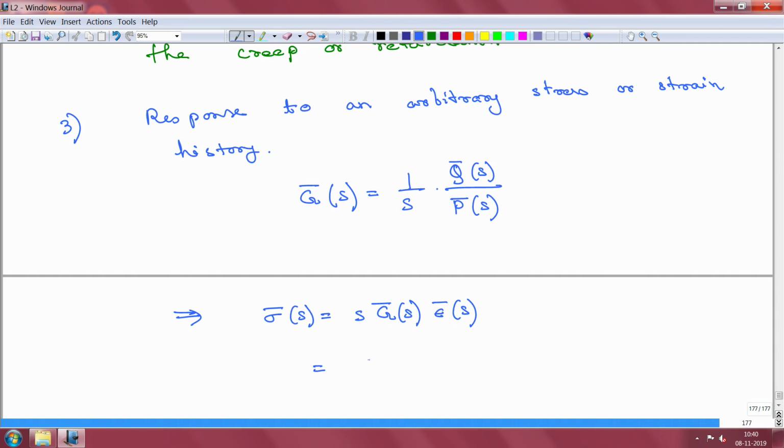And just like what we had done previously, we want to take the Laplace inverse of this entire quantity on the left. So, you are going to take this separate and club s and epsilon bar s, and here you will add and subtract the initial condition.